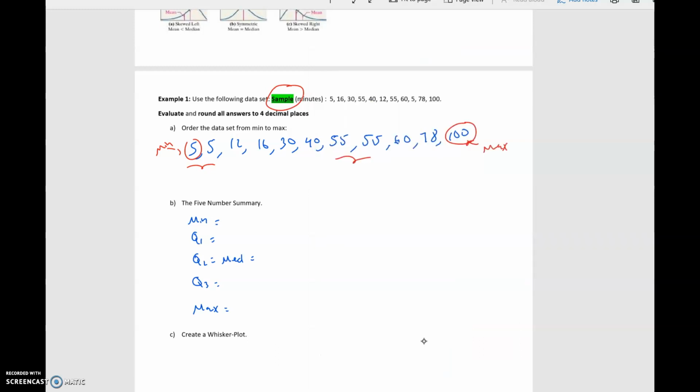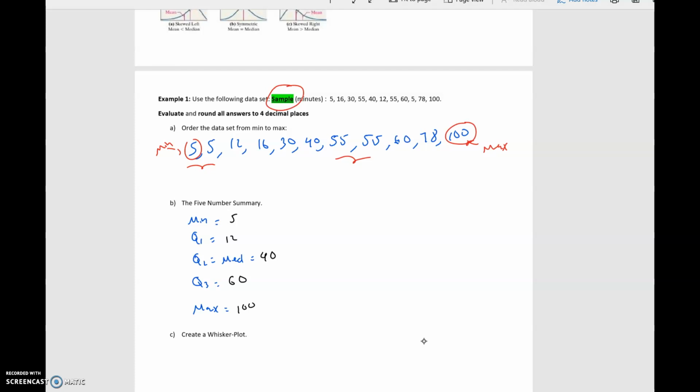My main output: for the minimum value, we have a 5. Our Q1, I'm getting a 12. Your median is going to be a 40. Your Q3, we're talking about a 60.